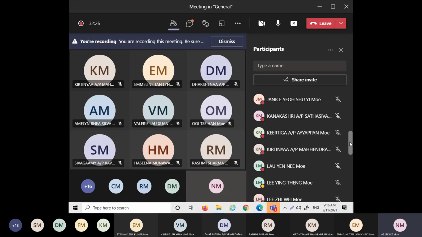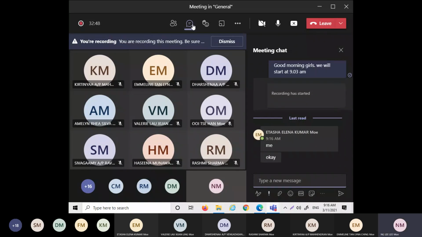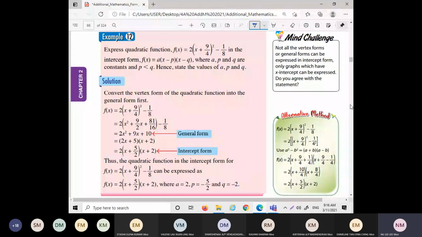Anyone? Valerie, huh? Okay, Itasha, sorry. Can you go through the list? I don't know who is the one or one more that is not here. Valerie, do you know who is not here or not? Can someone call Pechi? Okay, so I'll continue my example. Go through example 12.